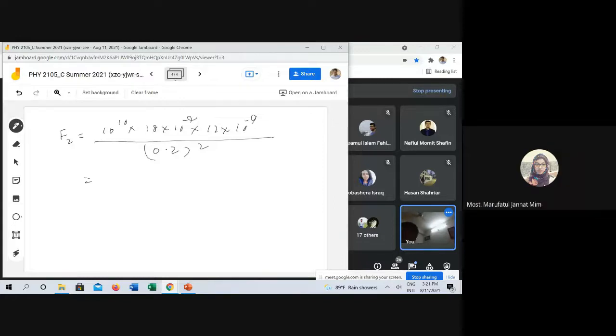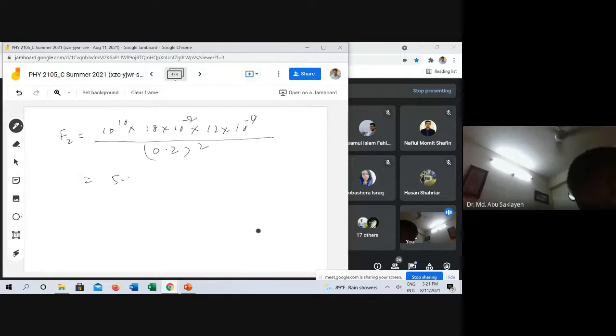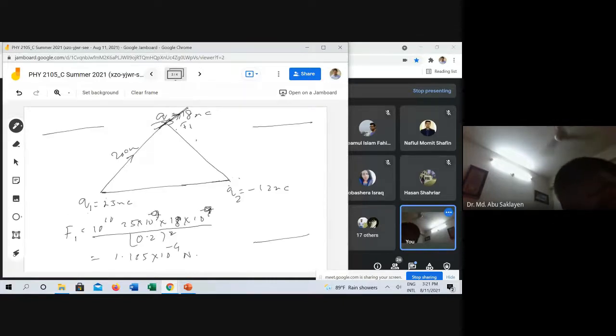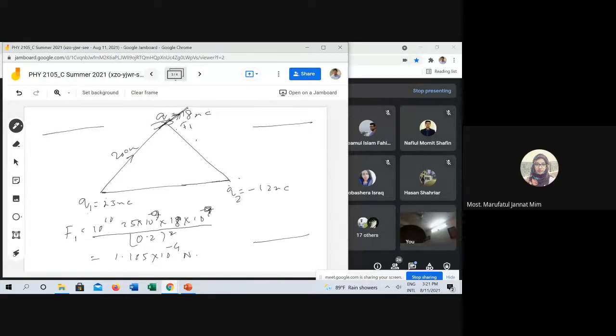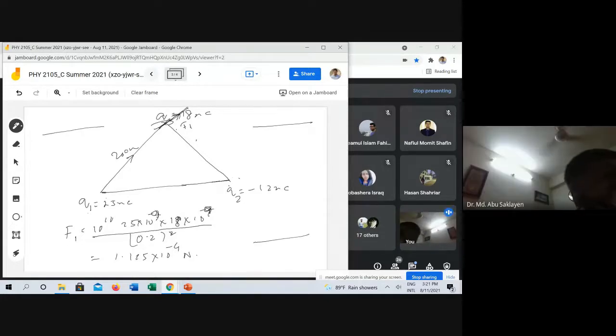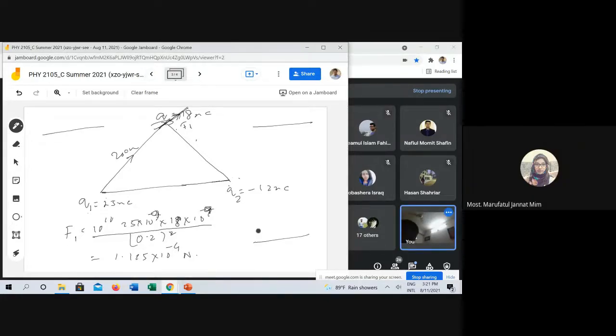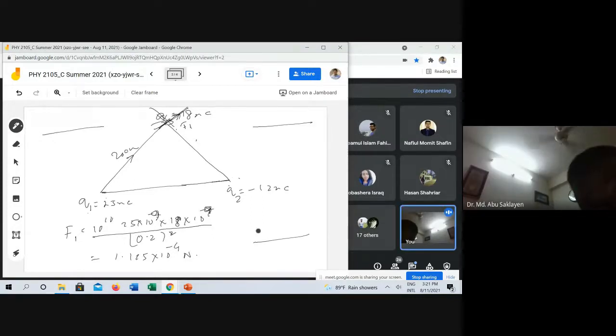So 5.4 into 10 to the power minus 5 Newton. And what is its direction? Q2 to Q3. This is the direction, this is F2.